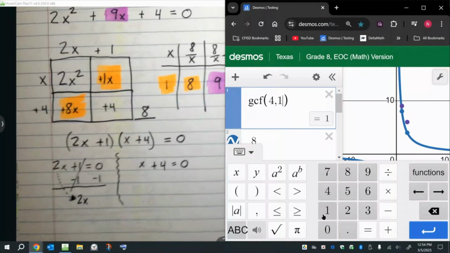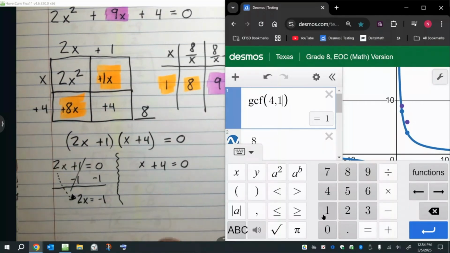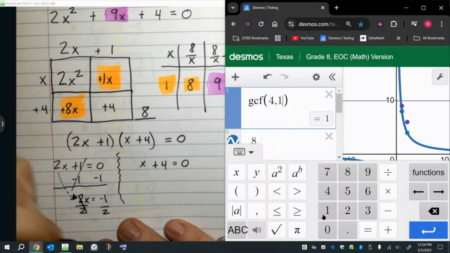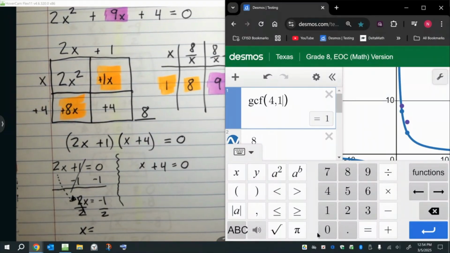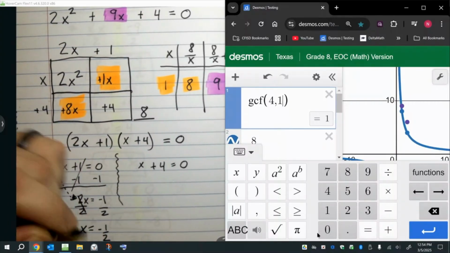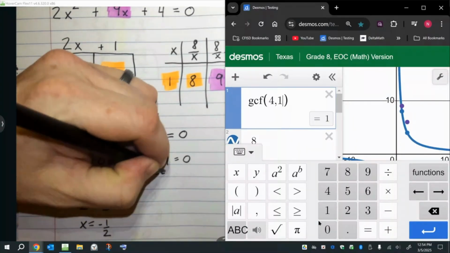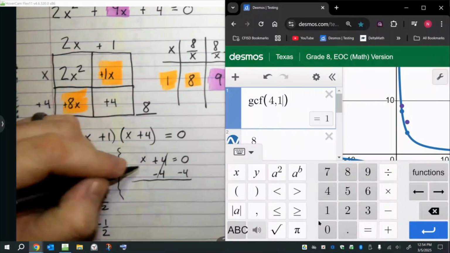And then we have 0 minus 1. That's going to be negative 1. And then we are going to divide this by 2. And this will tell us that x is equal to negative 1/2. So that's one answer. The other answer, if I do the opposite over here, in other words, I subtract 4 on both sides.